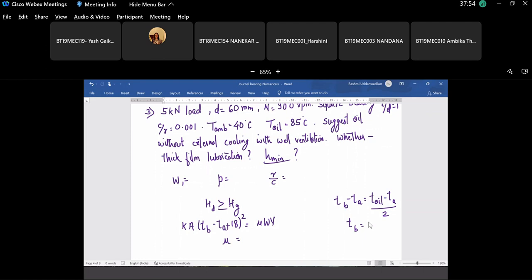What is TB? Shivesh, Sushmita, are you there? Yash? Anshuman, give me the answers. TB is temperature of the bearing is 62.5.